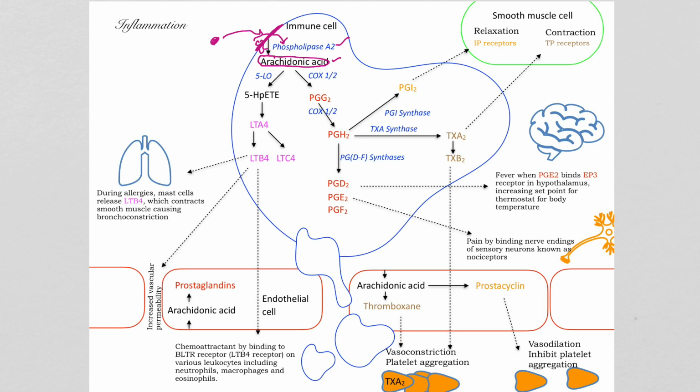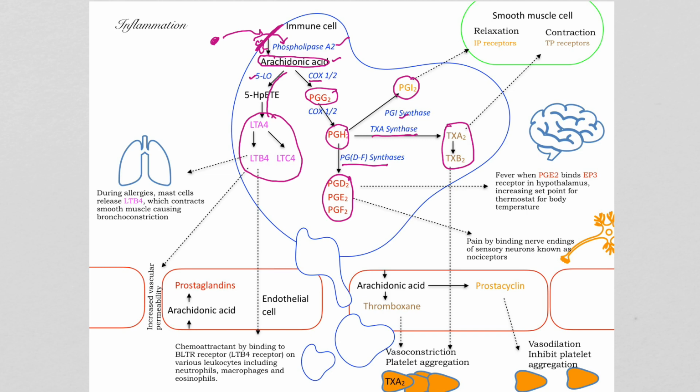Once arachidonic acid is released into the cell from the membrane, various enzymes such as lipoxygenase as well as cyclooxygenase can convert the arachidonic acid into various eicosanoids such as leukotrienes here, or prostaglandins here, with the help of prostaglandin synthase, prostacyclins with the help of PGI synthase, and thromboxanes with the help of thromboxane synthase.